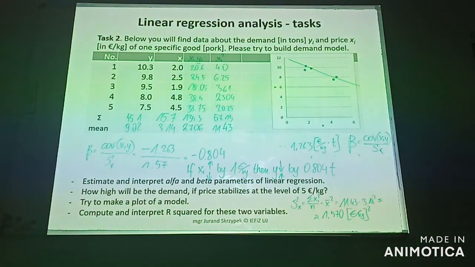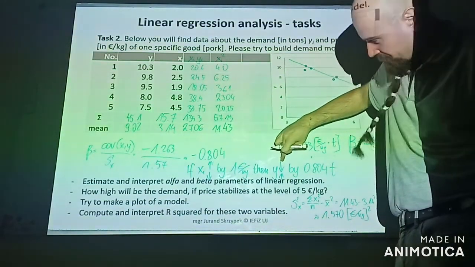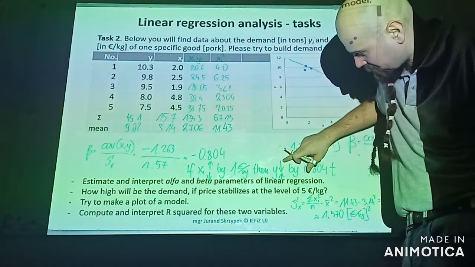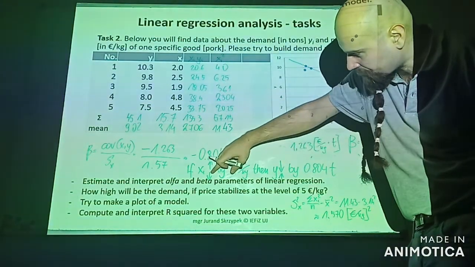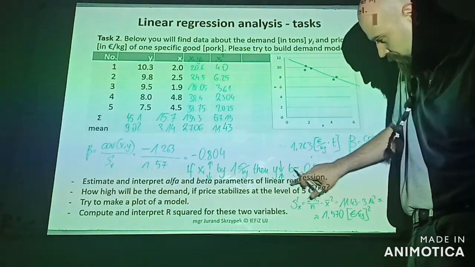We have different directions of change. If price increases, the demand decreases. If price decreases, the demand increases.